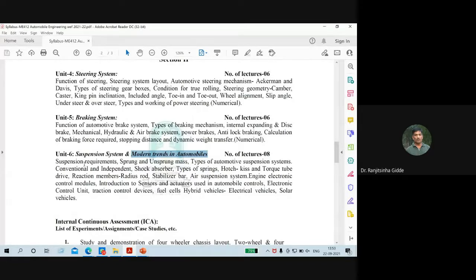To get more comfort, such systems are useful. Then the engine electronic control module, an introduction to sensors and actuators used in automobile controls, electronic control units, traction control devices, fuel cell hybrid vehicles, electric vehicles, and solar vehicles.